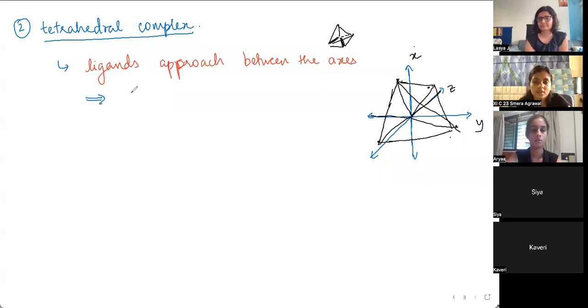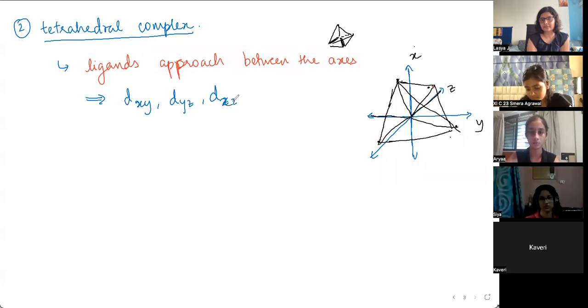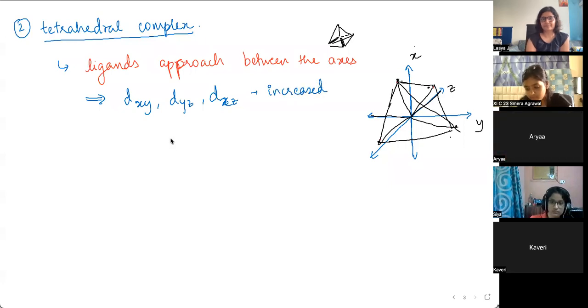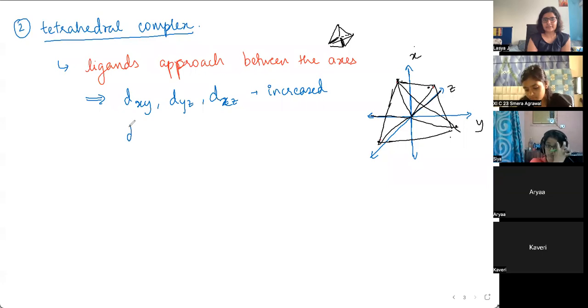The opposite, then: the on-axis ones will have a lower energy, the x square minus y square. Yeah. So the T2G orbitals, dxy, dyz, dxz, will have their energies increased, and dx square minus y square and dz square energy is decreased.